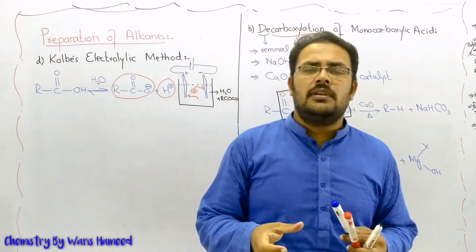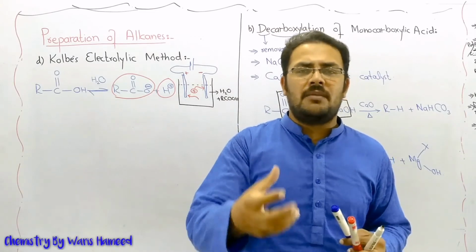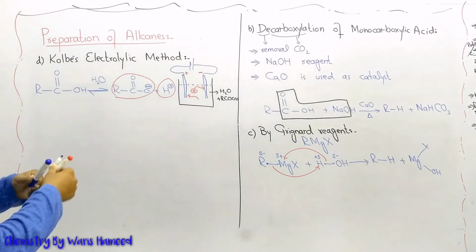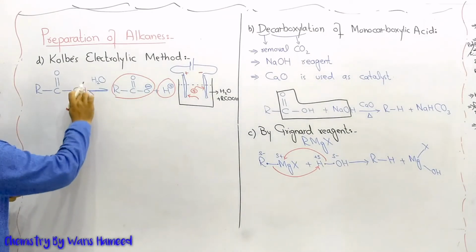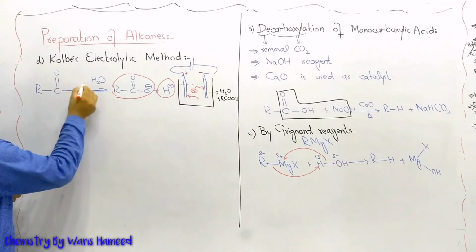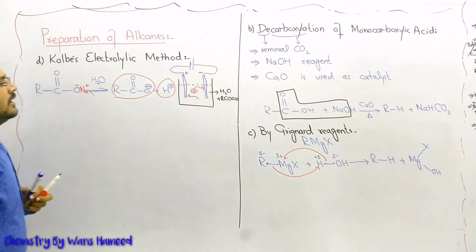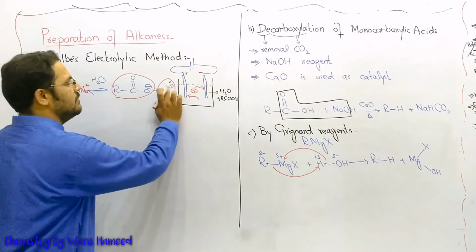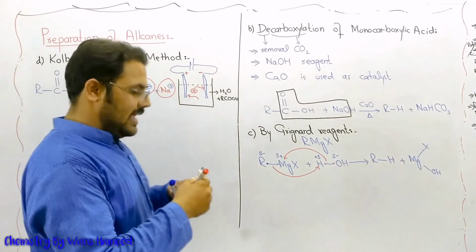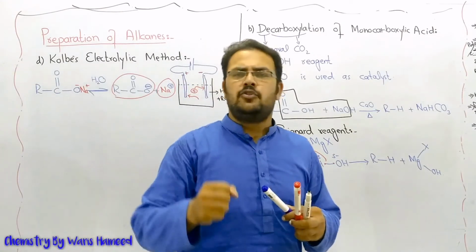And if we use sodium salt of carboxylic acid, then this hydrogen will be replaced with sodium, Na positive and negative, and the positive ion will be sodium.